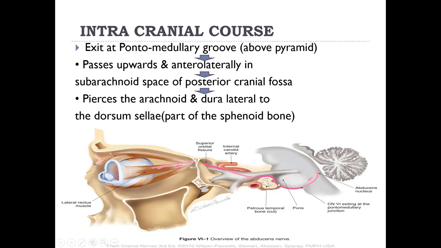As it enters the cavernous sinus, you can see it lying very close to the internal carotid artery, which is also passing through the cavernous sinus, and then it has to enter the orbit, and therefore it passes through the superior orbital fissure.